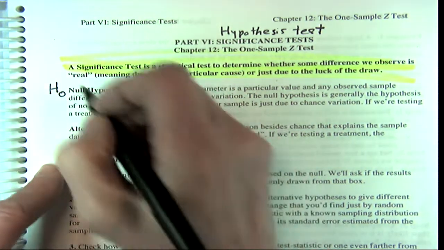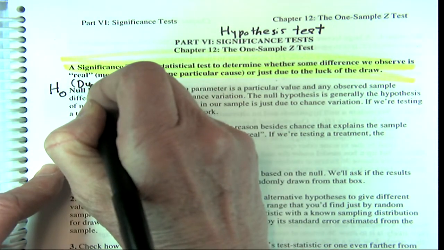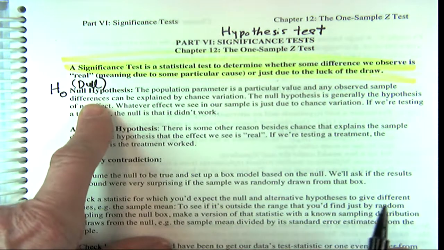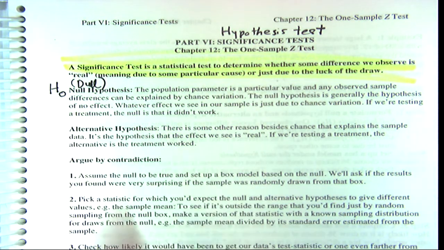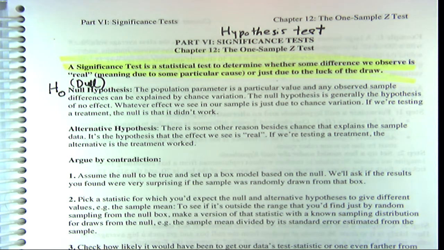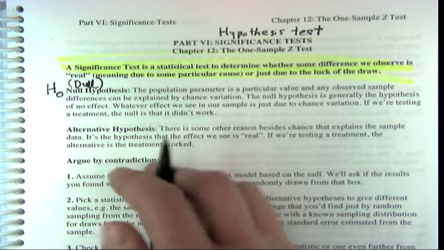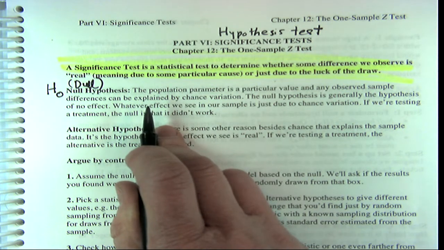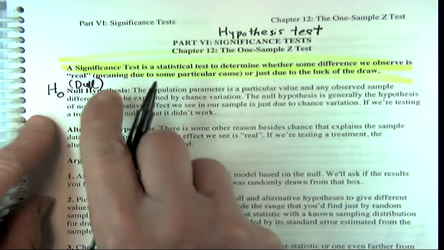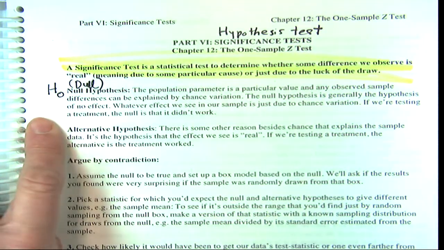The null, it's the dull hypothesis: you assume that it's just chance, that some probability model gave you this result. And then we calculate how likely it is under the null.